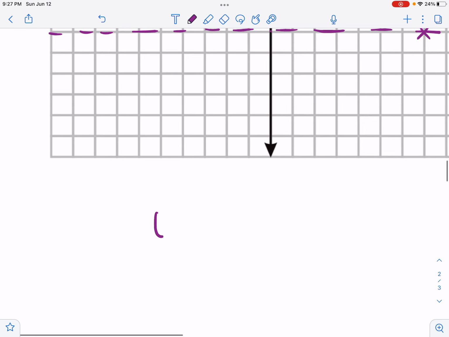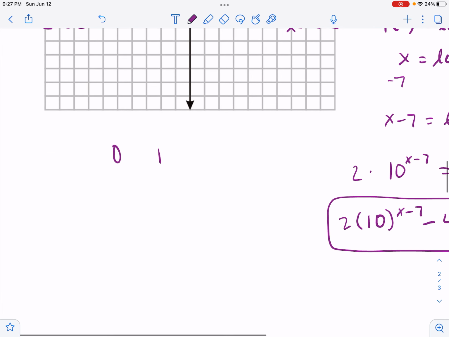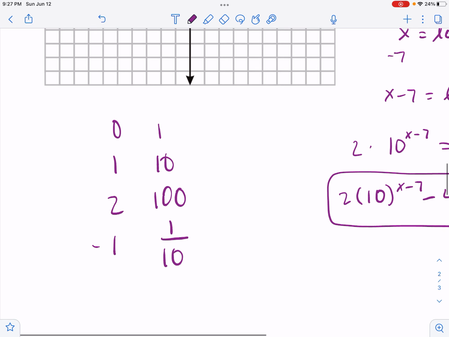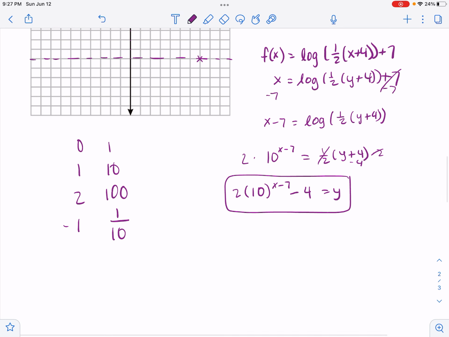And then we make our pattern again, but this time it's flipped because it's exponential form. So this time, since this is a vertical stretch, we would change this section, we would multiply that by 2.